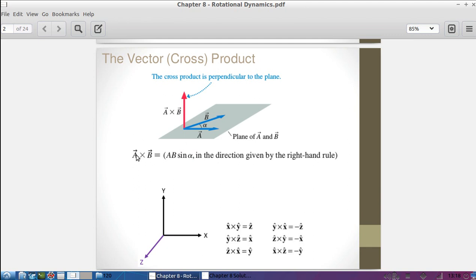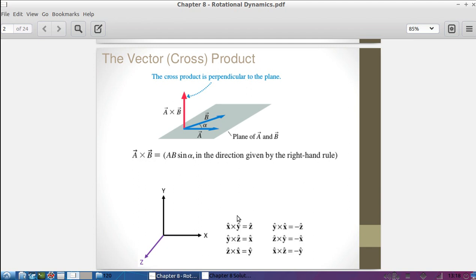Okay, so A cross B is defined mathematically by the magnitude of A times the magnitude of B times the sine of the angle between them. So it's different from the dot product because let's say A and B were pointing in the same direction. If A and B both pointed in the same direction, the angle between them would be 0, and so the cross product between those two vectors would be 0.